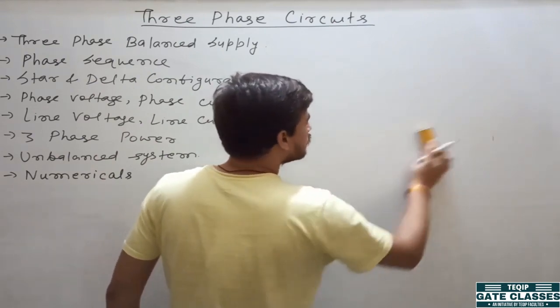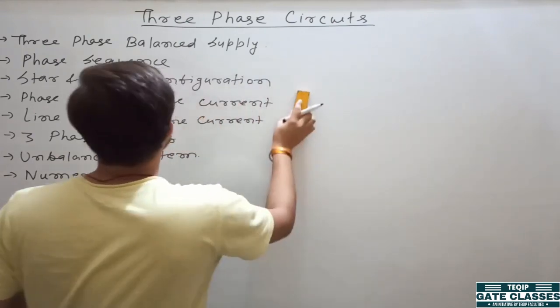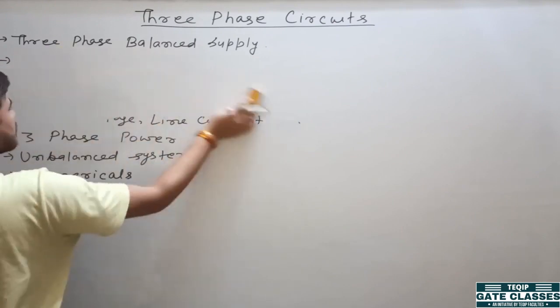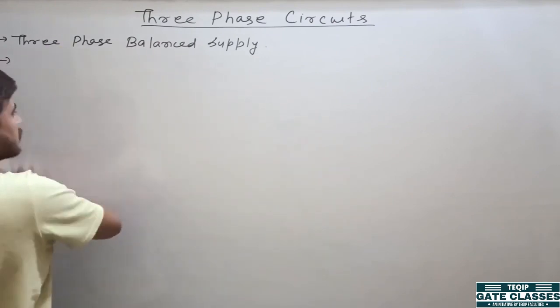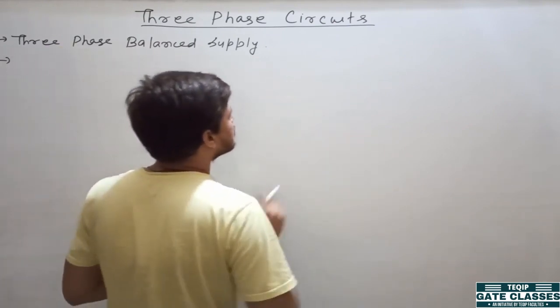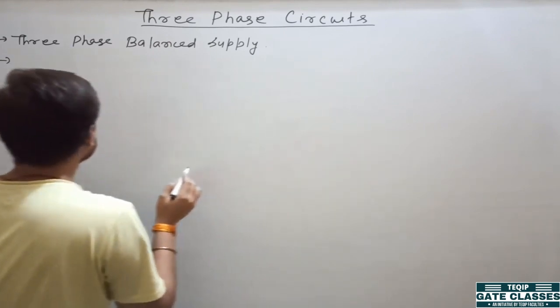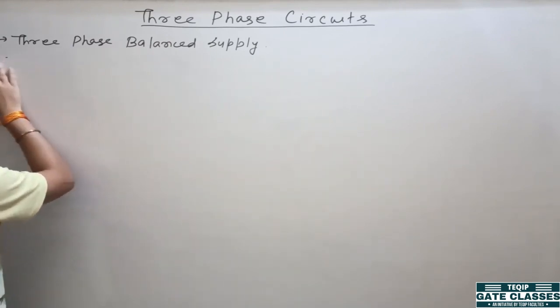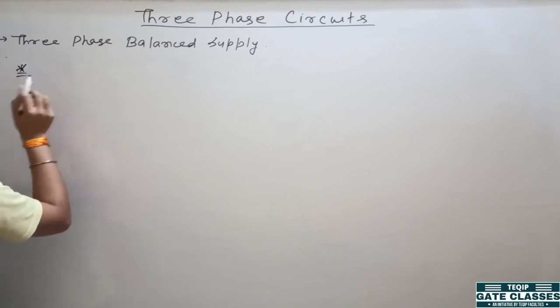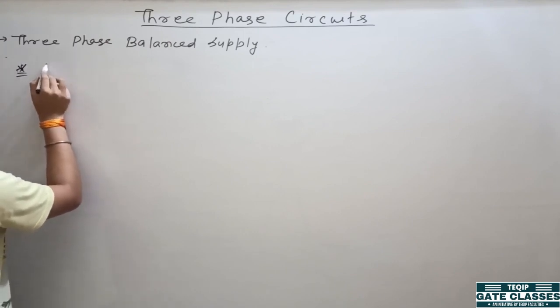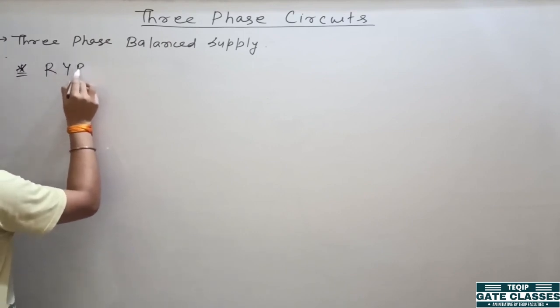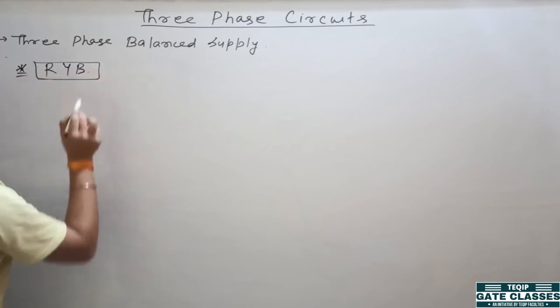We have to go through the phasor diagram of the three-phase system. Let us draw it. Suppose we have phases R, Y, B. This is a three-phase system.